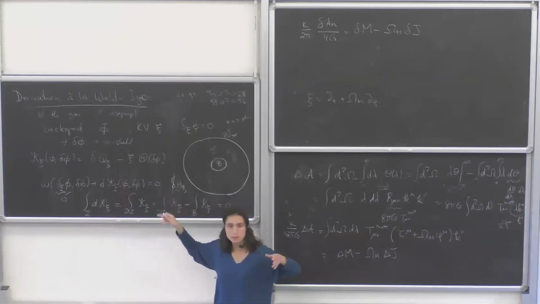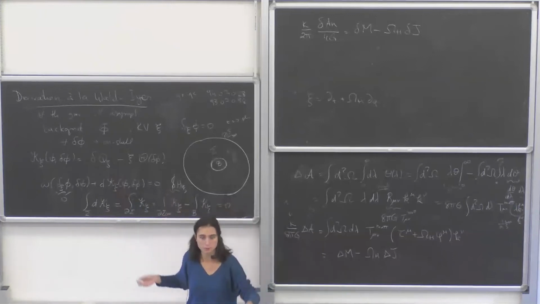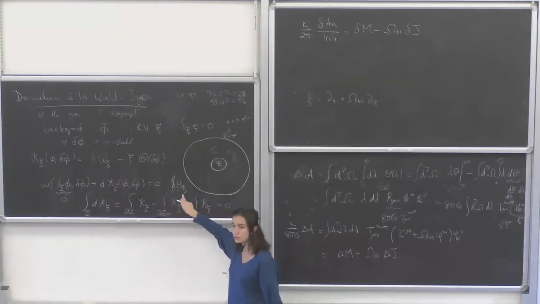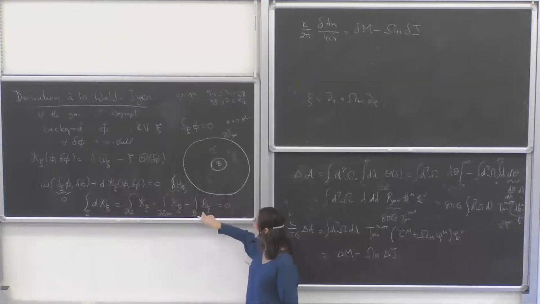And the d slash means that that's not necessarily integrable, so you have to be careful. So this is the charge that you measure at infinity, and all of this is saying that you're going to get the same thing by evaluating this k_c at the horizon.